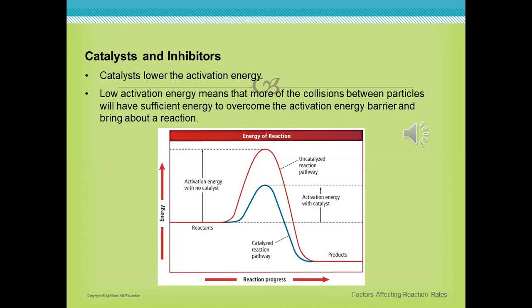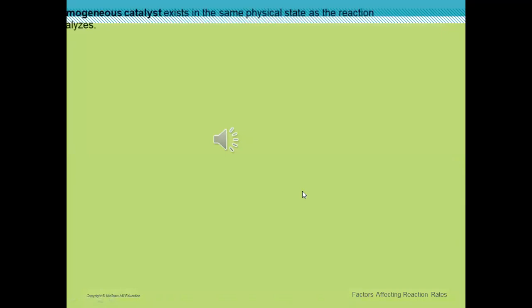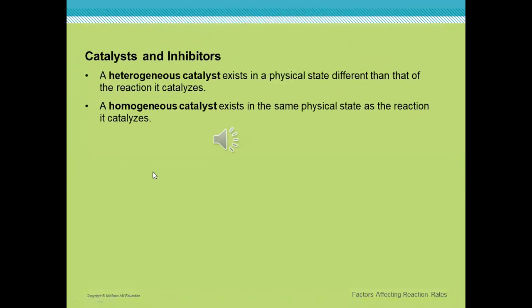So after that, catalysts and inhibitors. A heterogeneous catalyst exists in a physical state different than that of the reaction it catalyzes. But a homogeneous catalyst exists in the same physical state as the reaction it catalyzes. So that is the difference between heterogeneous and homogeneous catalyst.